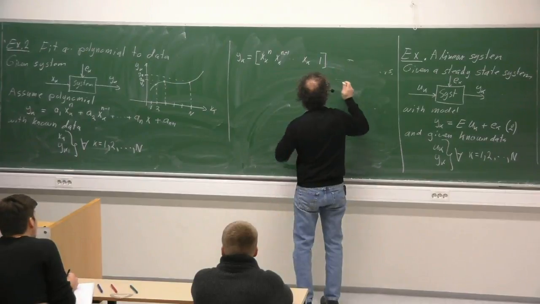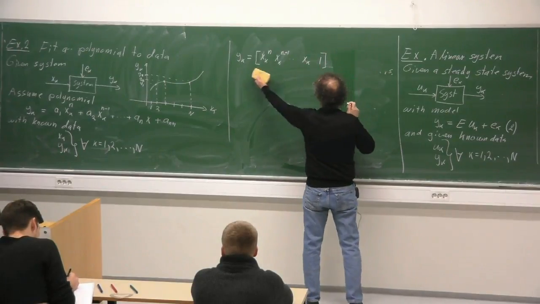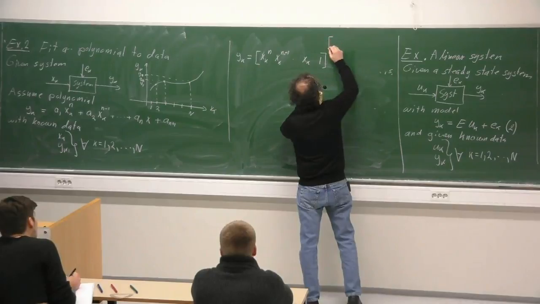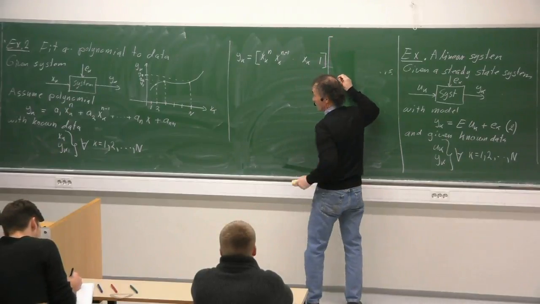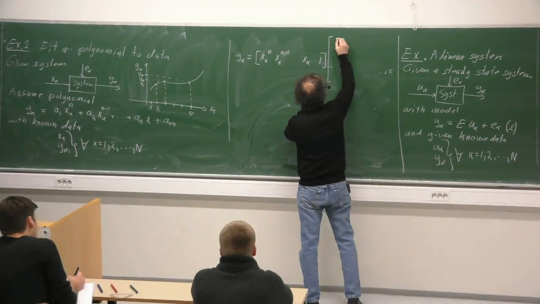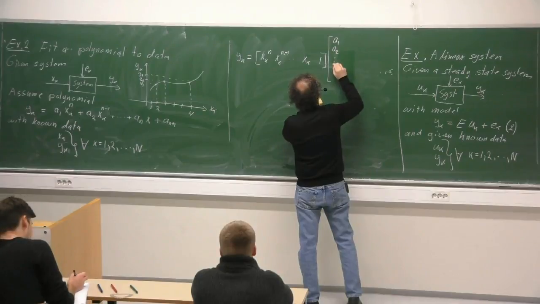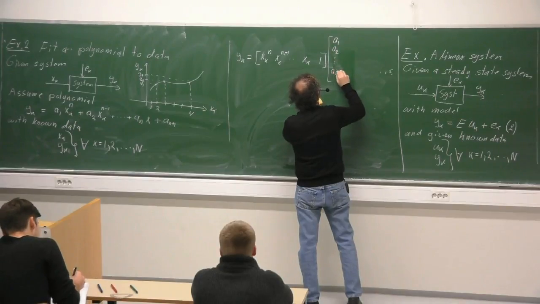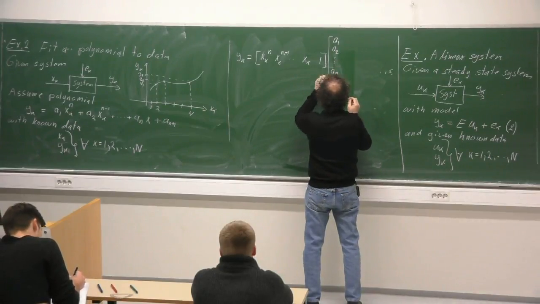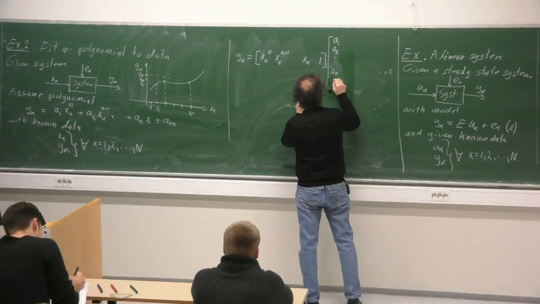If I put 1 there and multiply this row vector with a column vector with the coefficients in the polynomial, a1, dot dot dot, down to the last coefficient a_n plus 1.